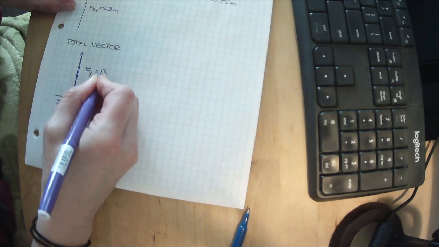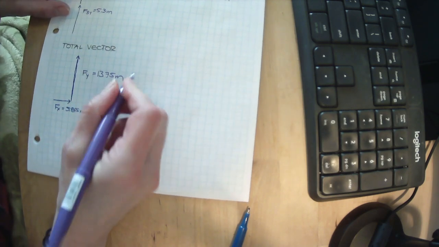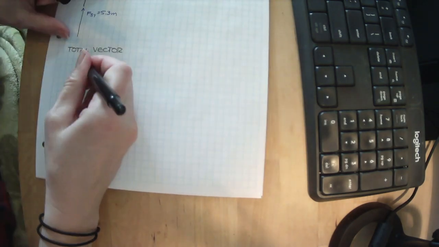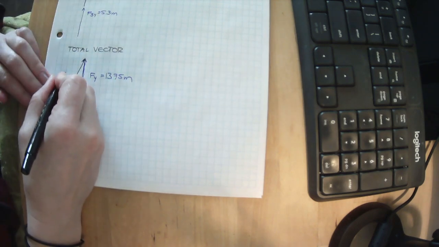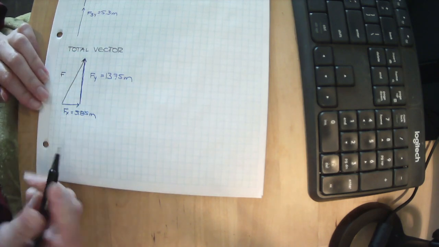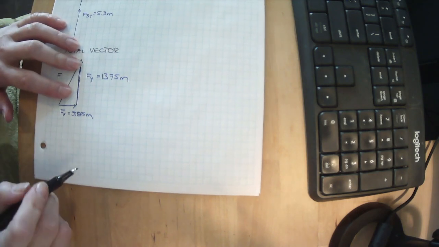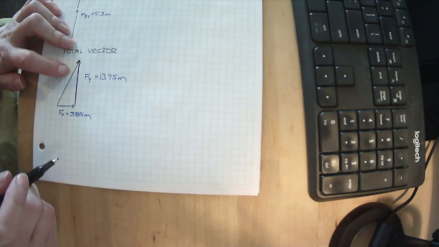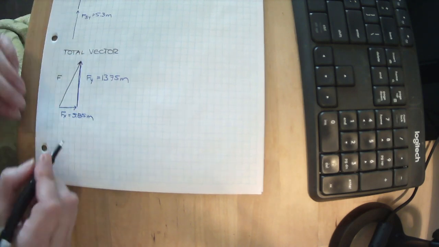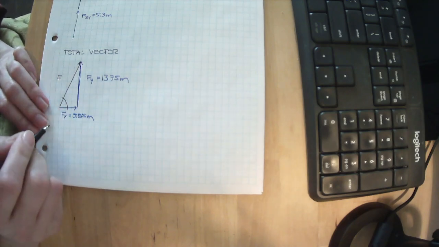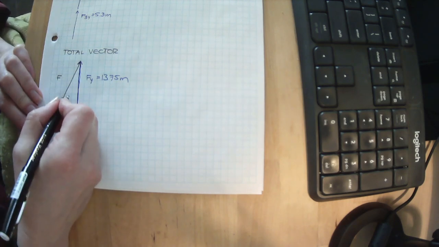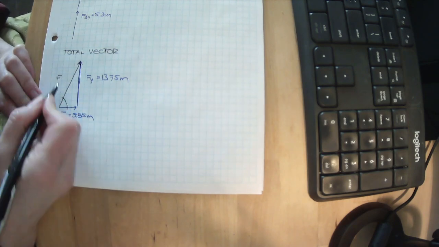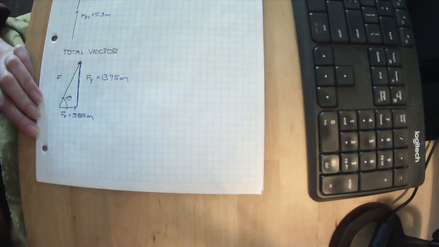Fy equals 13.75 meters. We know that our total F must be something along those lines. We can figure this out. We need to know its value, or its magnitude, and its direction. So we need to know those two things.